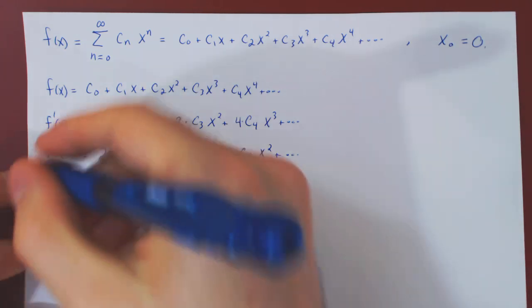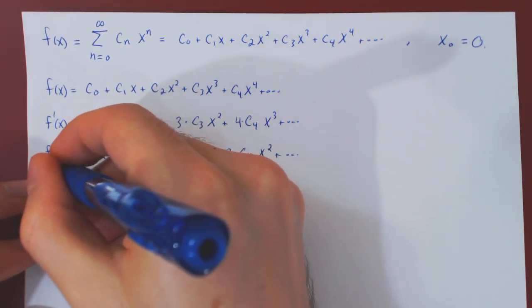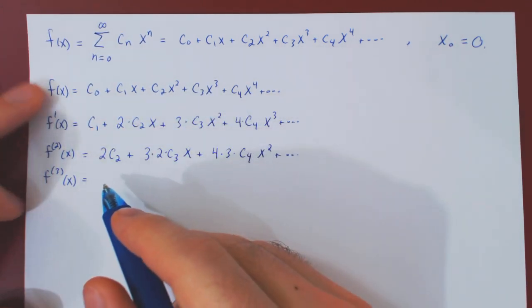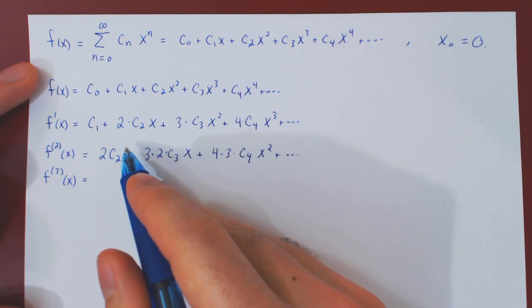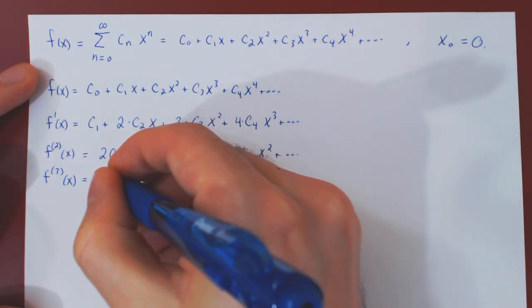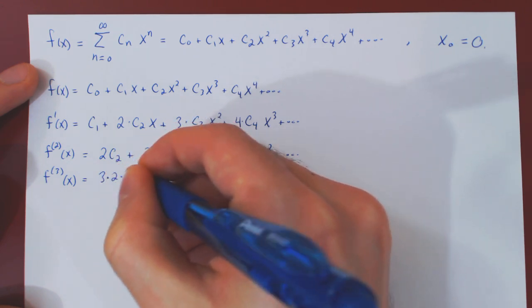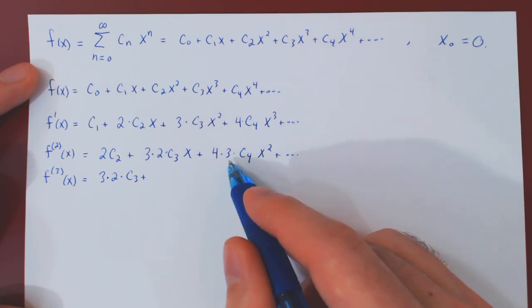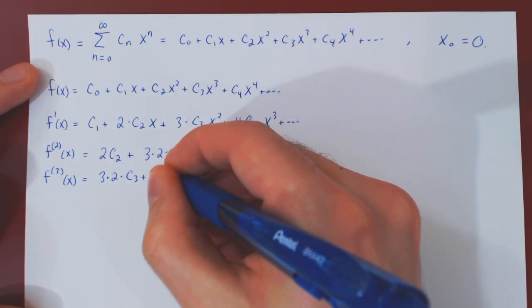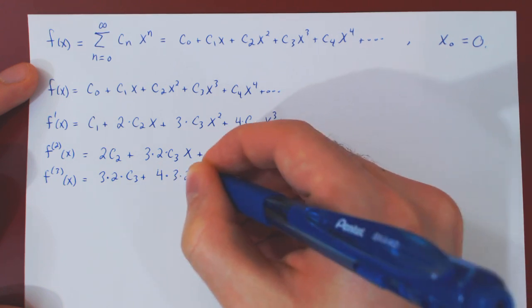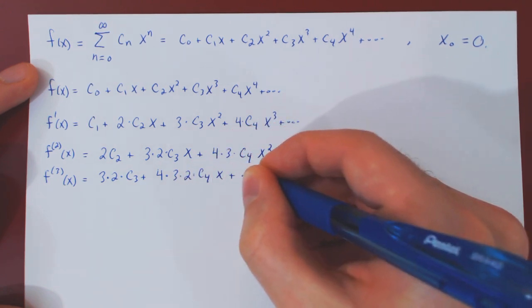Let's differentiate again. This will give us the third derivative of f. The derivative of 2 c2 is 0, as it is a constant. Then we'll get 3 times 2 times c3, plus 4 times 3 times 2 c4 times x, and so forth.